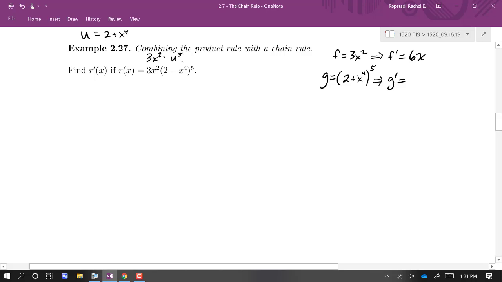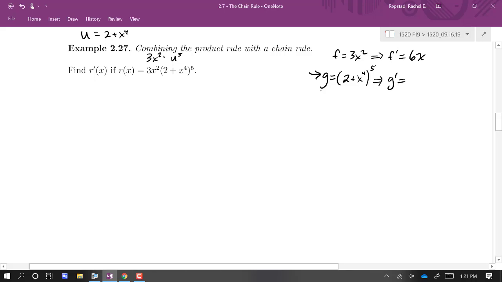Yeah, and then use it as f and g of that. Then g would be u to the 5th, and you still want to find the derivative of g with respect to x first. So if you wanted to use u equals 2 plus x to the 4th, you'd have to do that here in this side work.